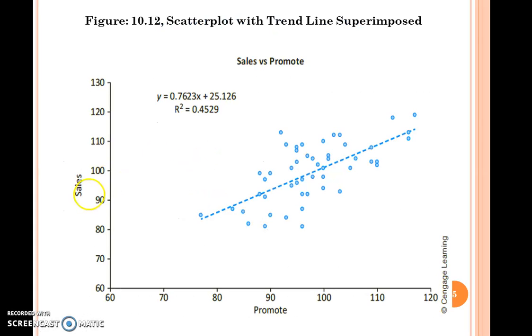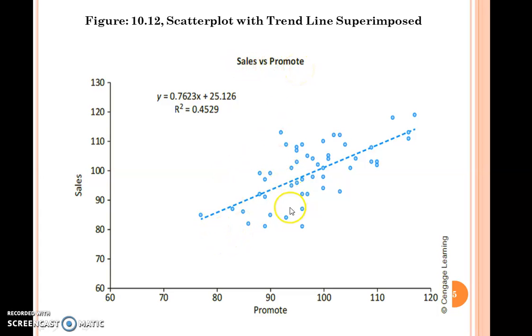See here, on the x-axis we have taken promotion data, and on the y-axis we have taken sales data. These two variables are given over here. We are going to identify the relationship between these two variables through linear regression. It is simple: sales versus promotion.